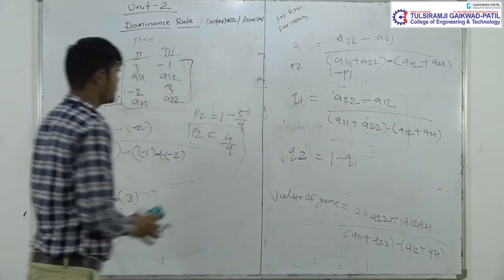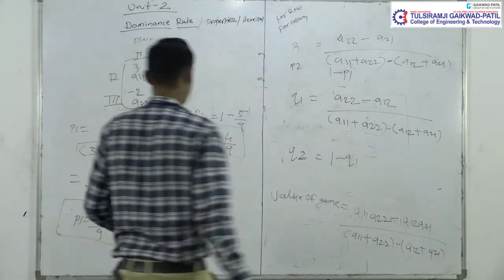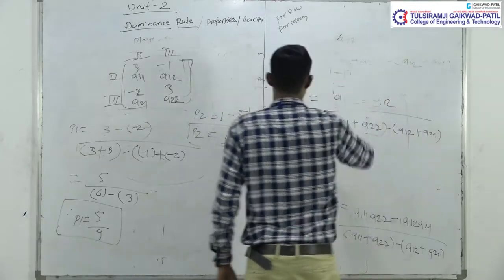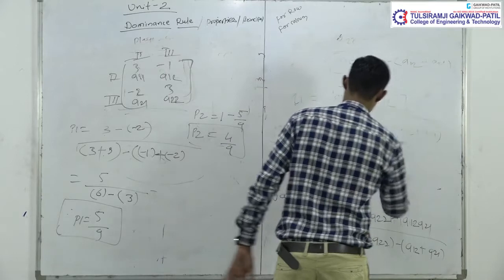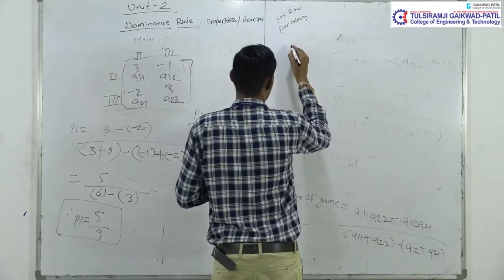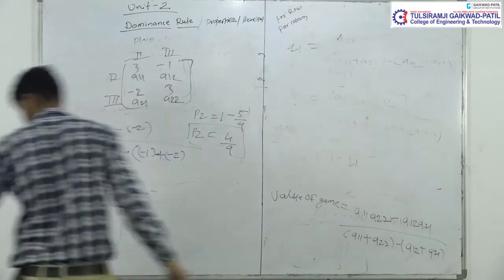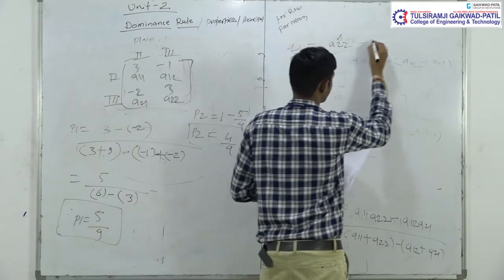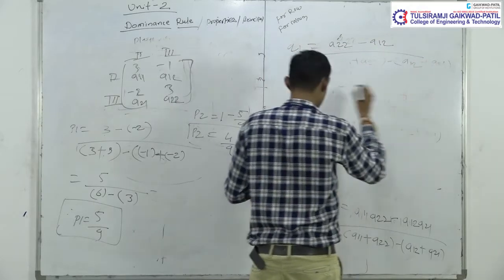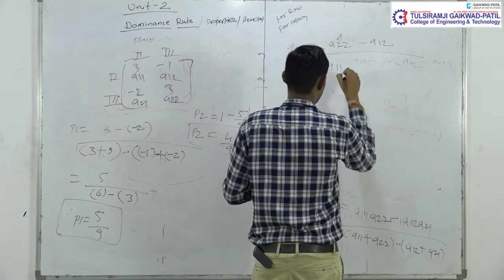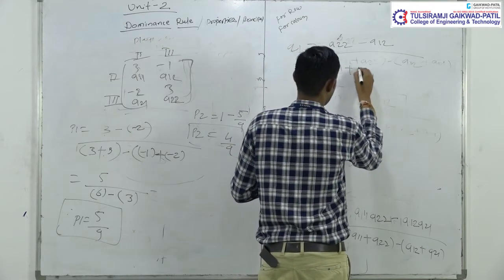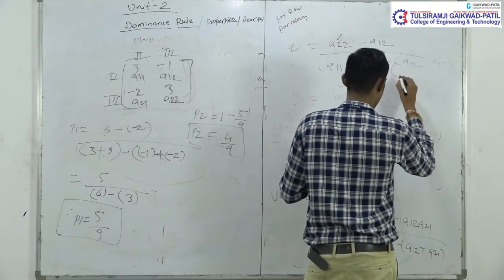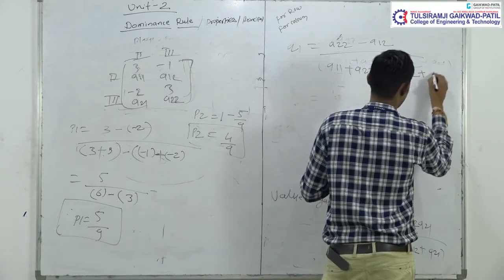The next formula is Q1 and Q2. Q1 equals A22 minus A12 upon A11 plus A22 minus A12 plus A21.